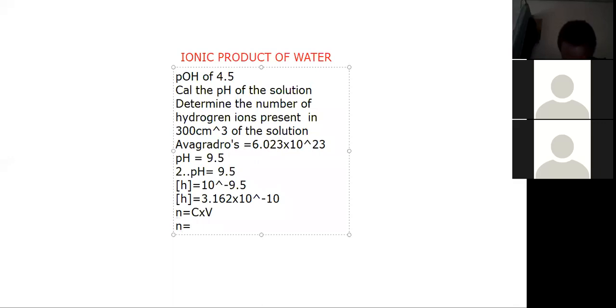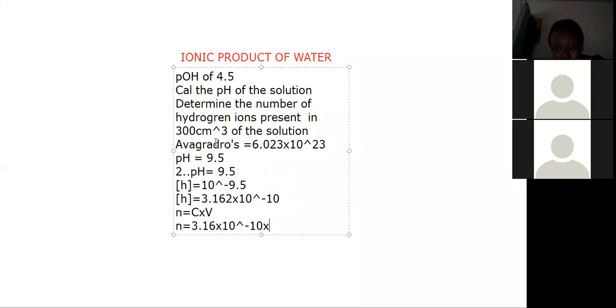So the number of moles should be equal to our concentration, 3.16 times 10 raised to the power minus 10, times our volume. But you know that the volume is in centimeter cube, so we have to convert it to dm cube.